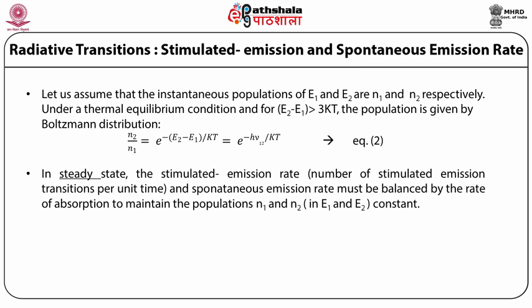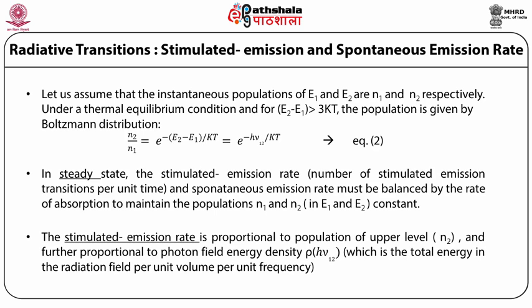In steady state, the stimulated emission rate, that is the number of stimulated emission transitions per unit time, and the spontaneous emission rate must be balanced by the rate of absorption to maintain the populations N1 and N2 in E1 and E2 constant.